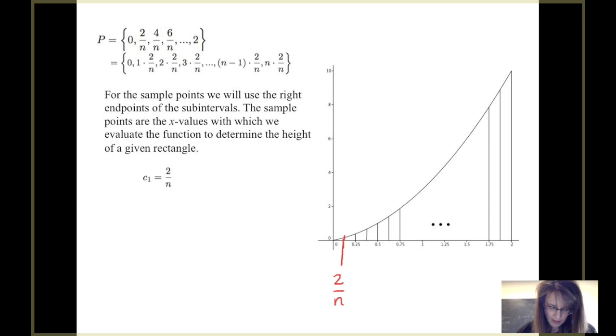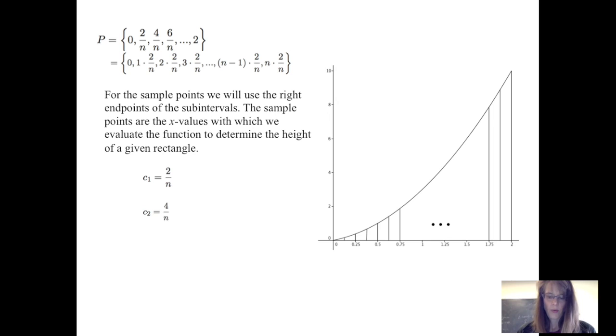And so we're going to plug that into our function, and that's going to give us the height of our first rectangle. Our next one is going to be 4 over n, or 2 times 2 over n. And when we evaluate the function at 4 over n, that's going to give us the height of our next one, and so on.